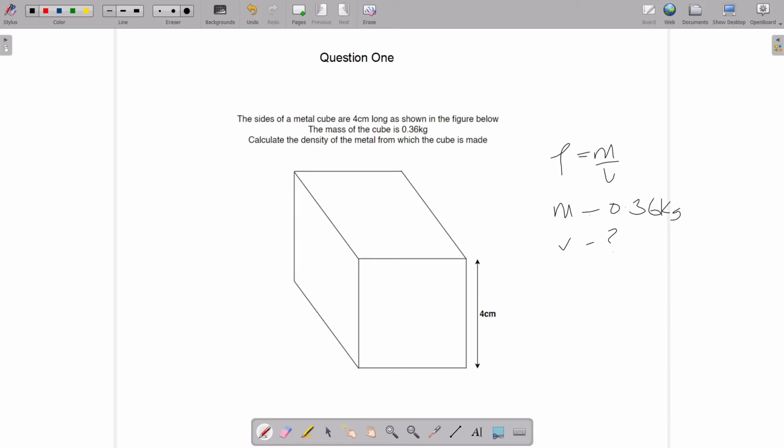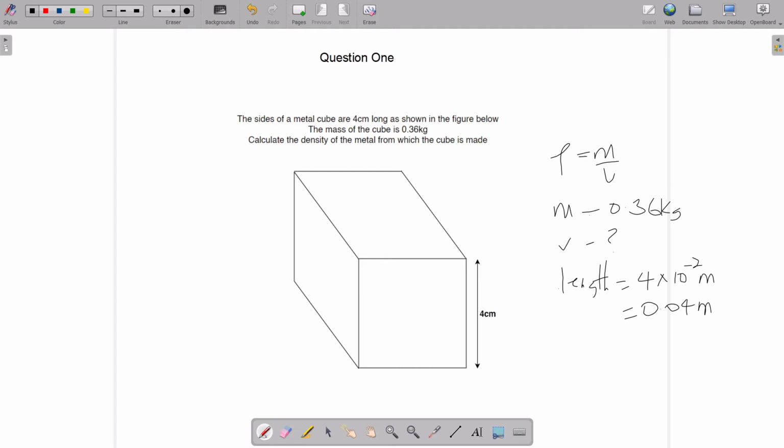Since the sides are the same, to find the volume we don't have to multiply three separate sides; it is just one side to the power 3. The length, when converted from centimeter to meter, gives us 4 times 10 to the power minus 2 meter, or 0.04 meter.